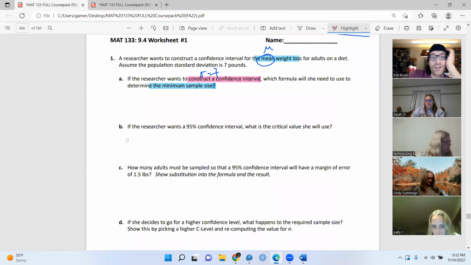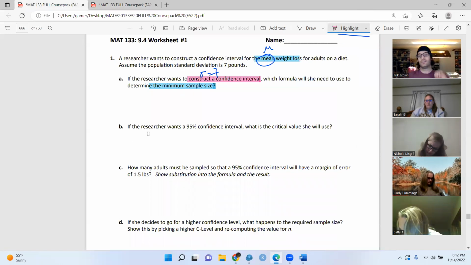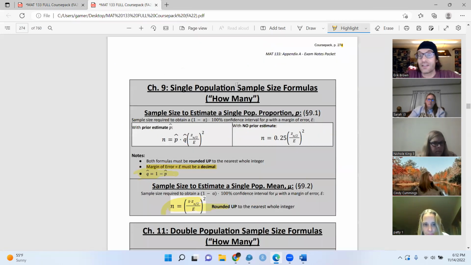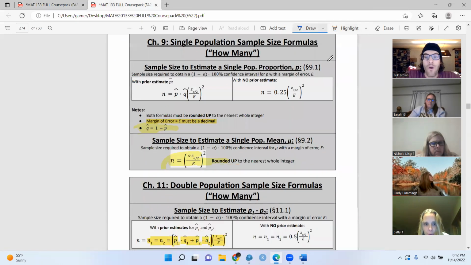Hooray. Look at question B. What are you being asked there? What's the critical value? Okay, well, what is a critical value? Maybe more importantly, which thing in the formula is the critical value? StatCrunch.